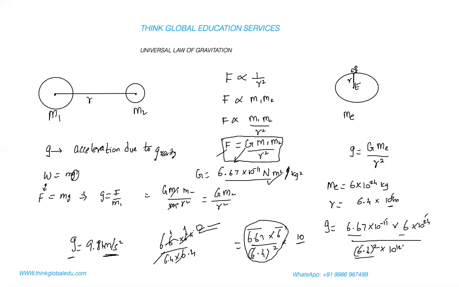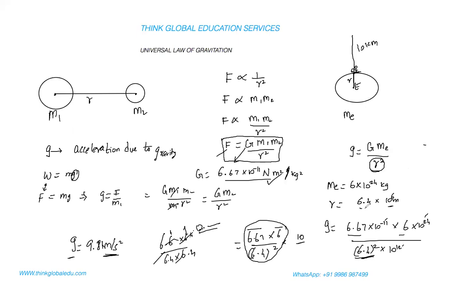Now, if the object is at a distance of, let us say, 10 kilometers from the surface of the Earth, we have to change the distance in the r squared value. We kept the distance as 6.4 times 10 to the power 6 meters, so we just add 10 kilometers, that is 10 times 10 to the power 3 meters, to the radius of the Earth.